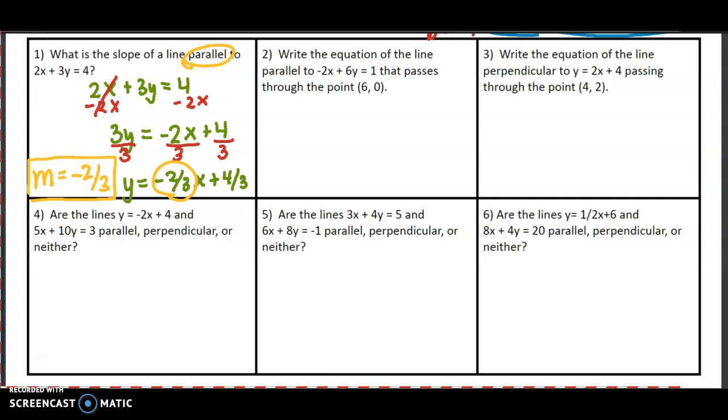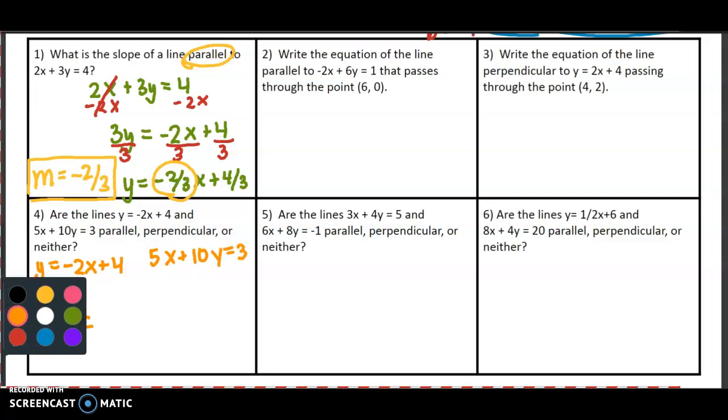So number 4 says, are these lines parallel, perpendicular, or neither? So looking at the first one, y equals negative 2x plus 4. The slope is negative 2, so I don't have to do any work with that one. I can kind of just wait a minute. But the second equation, I do have to solve that one because you don't really know what the slope is yet. So let's go ahead and take away 5x from both sides.